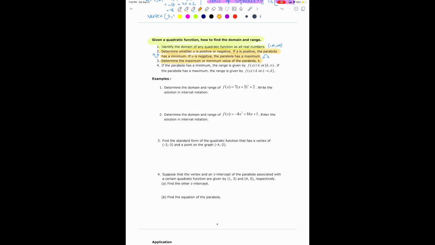If the parabola has a minimum, then the range is going to be from k to positive infinity, inclusive of k. When you scan the parabola from the bottom to the top, the beginning point is the k value, and then it goes to positive infinity. So that's why we have k to positive infinity.